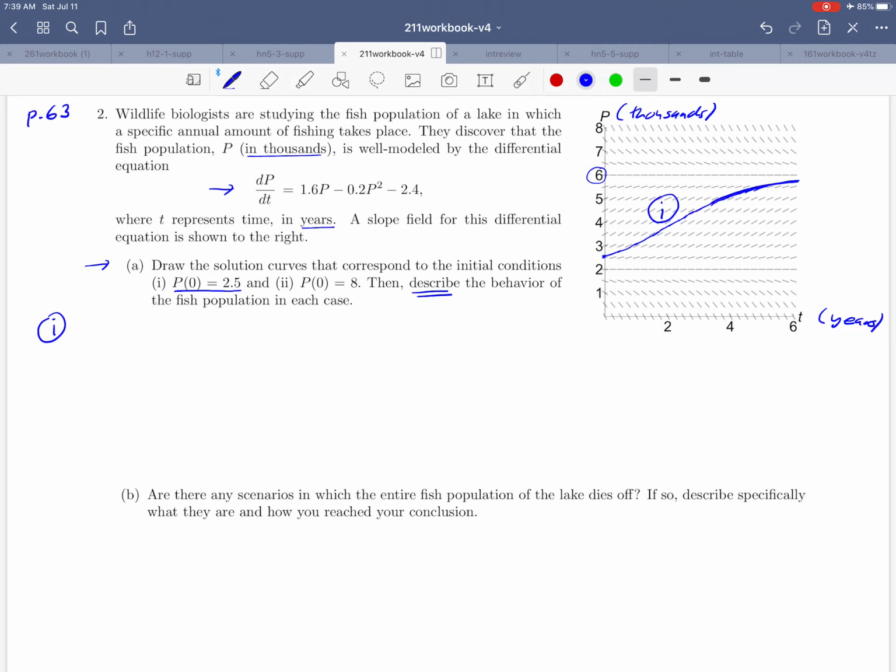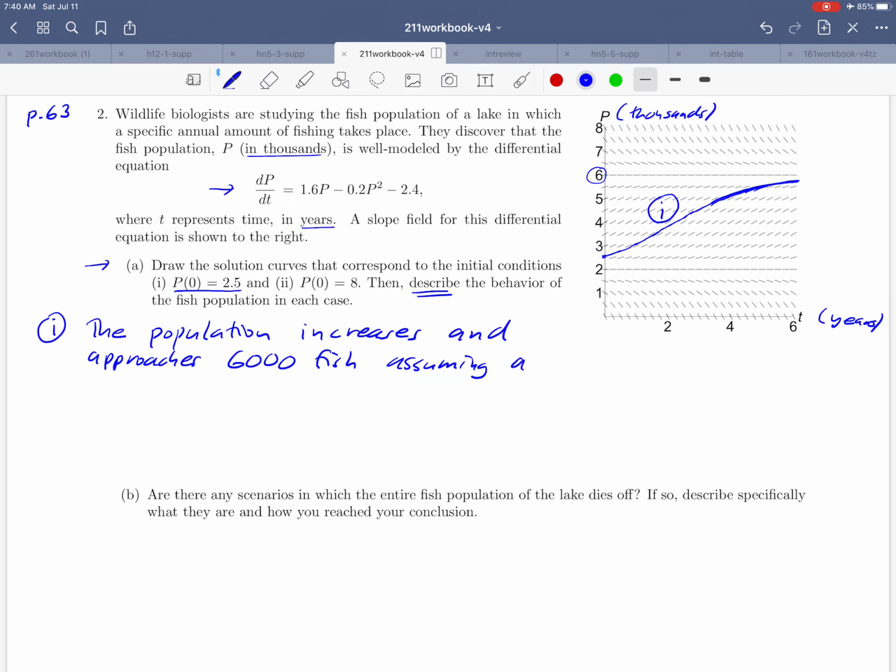So in words we might say something like this: the population increases and approaches 6,000 fish, assuming a starting population of 2,500.